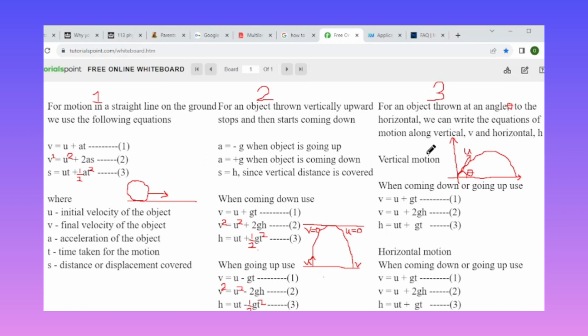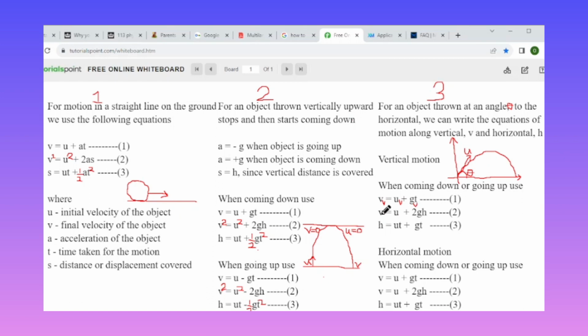For the vertical motion, when the object is coming down or going up, we will use v is equals to u plus gt.